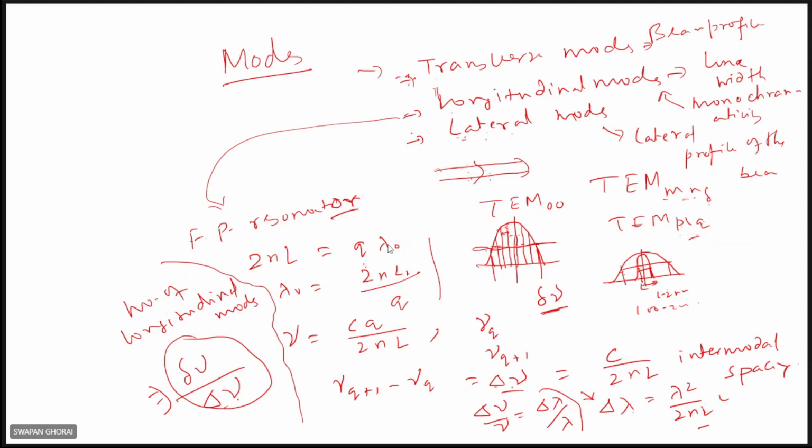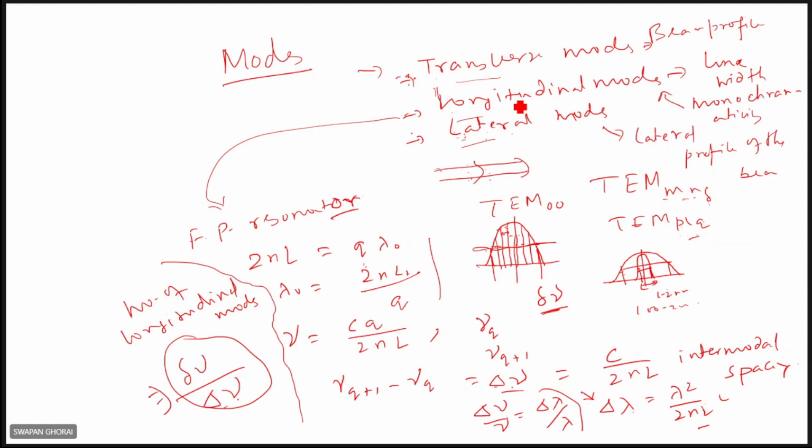These modes are classified into three types in semiconductors; in most lasers it is two types. They are transverse modes, longitudinal modes, and lateral modes. Transverse and lateral modes are almost the same, and some treat them as the same.